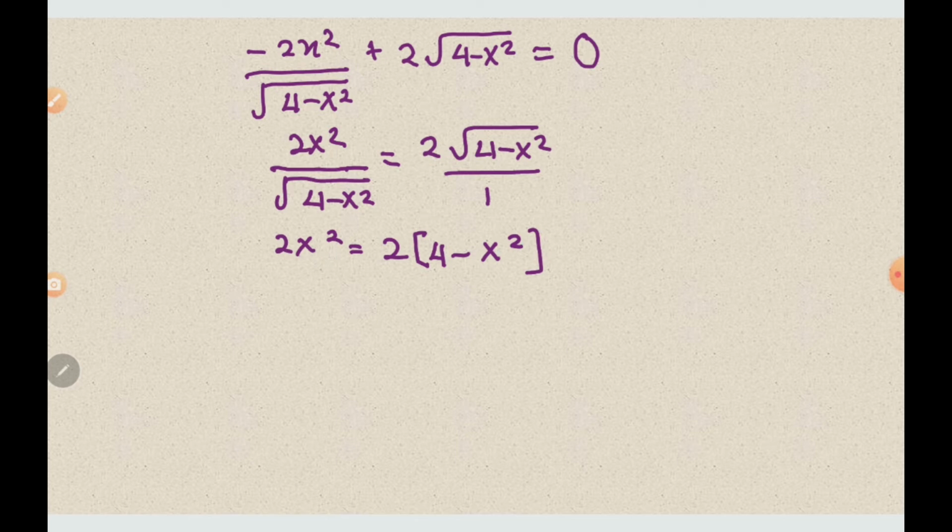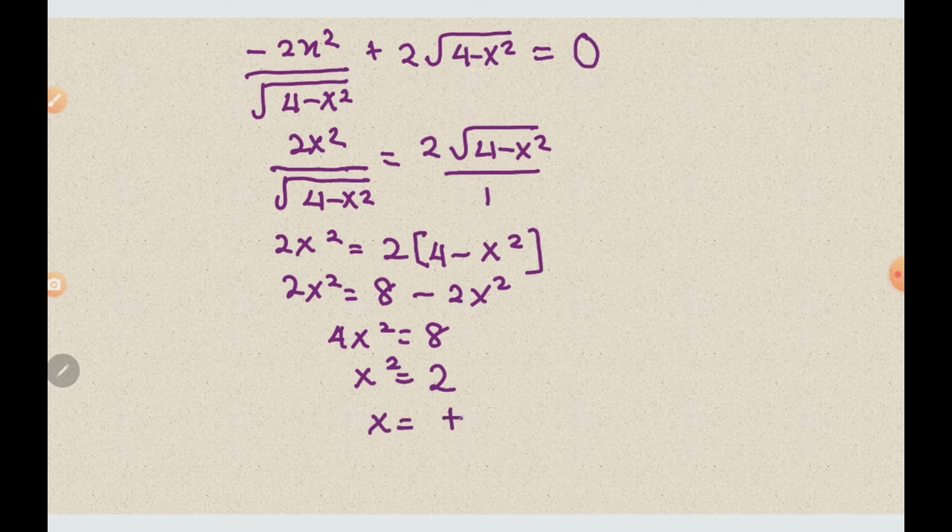Then simplify to get 2x squared equals 8 minus 2x squared, so 4x squared equals 8, x squared equals 8 over 4, that is 2, so x equals plus and minus the square root of 2.